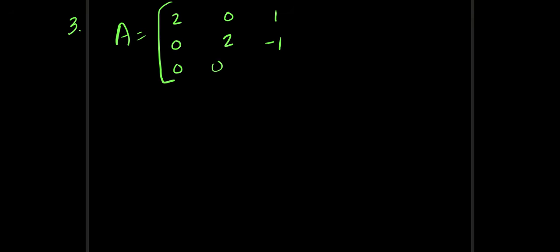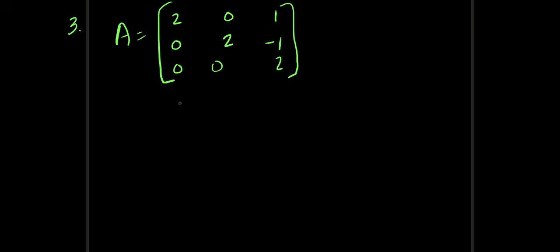So let's go for the last one and write the question. Find the eigenvalues and eigenvectors for the matrix: 2, 0, 1 and 0, 2, minus 1 and 0, 0, 2.